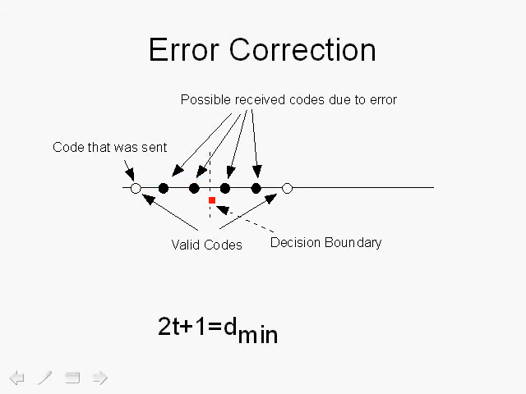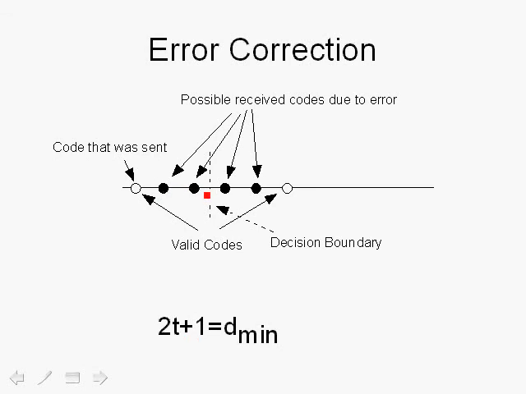And although we had 2 bits in error, we were able to correct the received code. So the error correcting capability of a particular coding method depends on the minimum distance. So the minimum distance is 1, 2, 3, 4, 5. So the error correction capability here is actually 2 bits. So with a dmin equal to 5, we can actually correct for 2 bits in error.